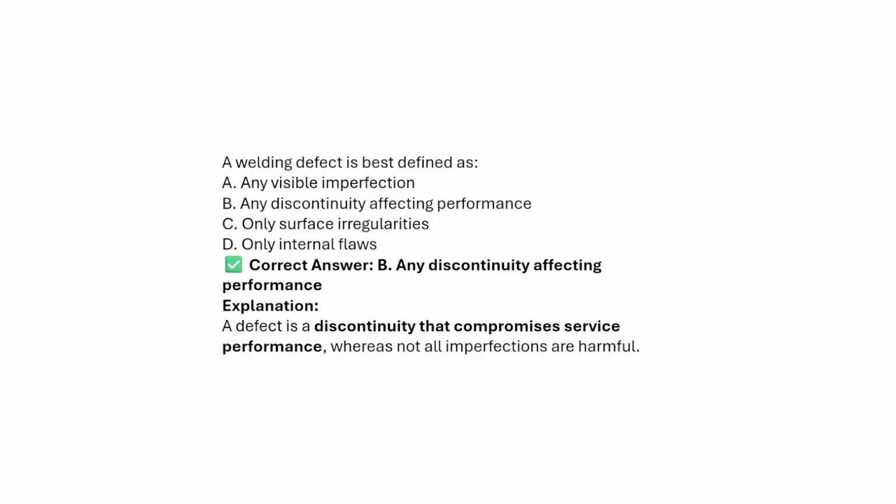It is not only the visible ones, it also includes the internal ones, so combined we call them welding defects. Welding defects not only appear at the surface level, we can also see some welding defects hidden in the weld bead. So a defect is a discontinuity that compromises the service performance, whereas not all imperfections are harmful.